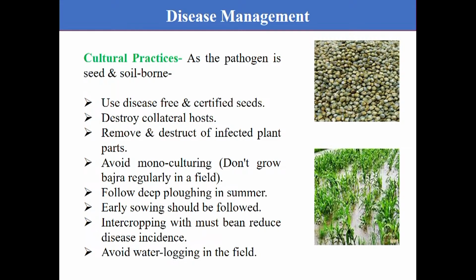Early sowing should also be followed. That's how you can break the major severity conditions, and intercropping with mung bean also reduces the disease incidence. You can avoid waterlogging in the field conditions, and these are some cultural practices which are very important for managing this disease.